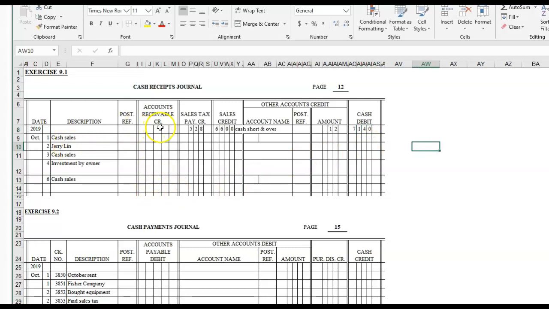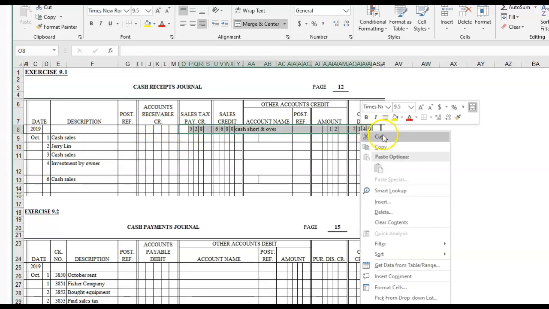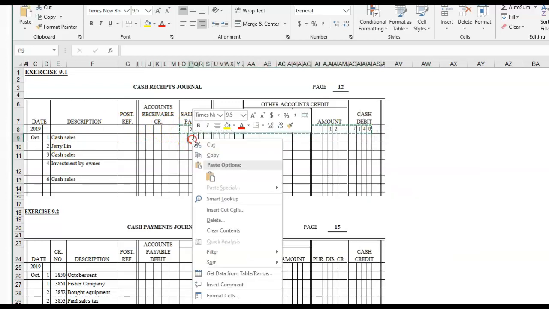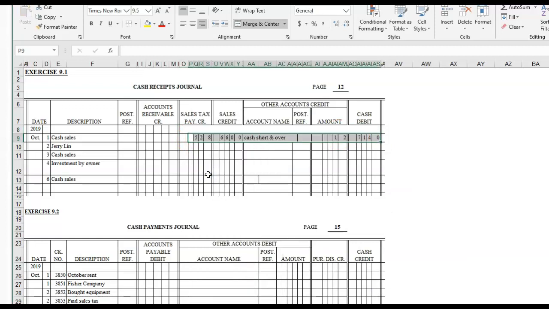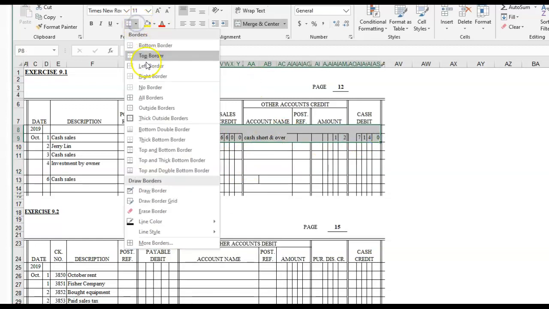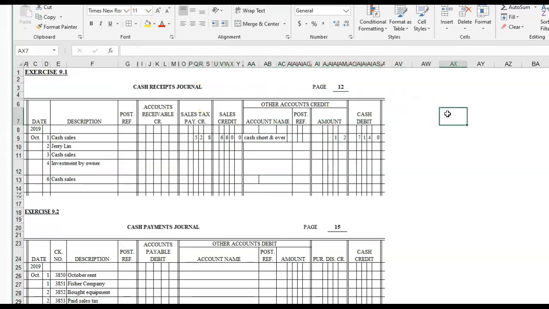And I see why it's all messed up. Duh, I did it all in the wrong line. I wonder if I can cut and paste. That's okay. Good enough. Okay, the next person.